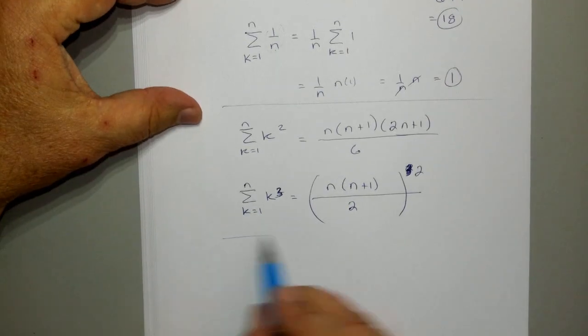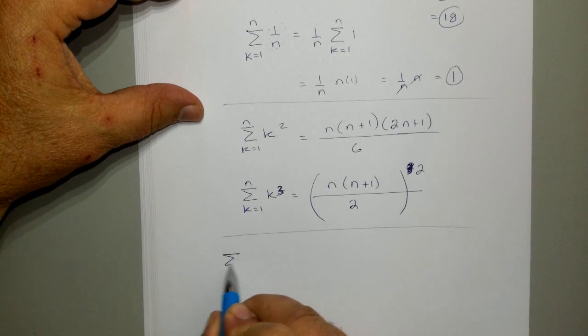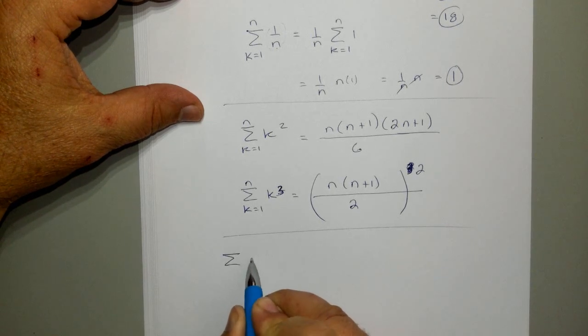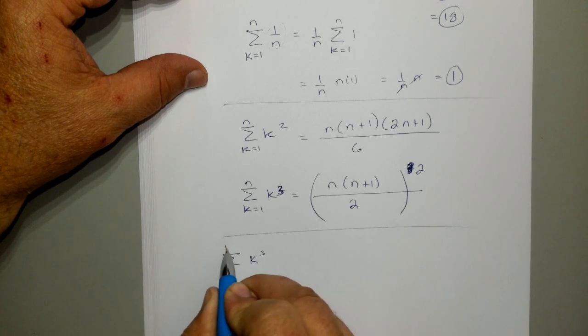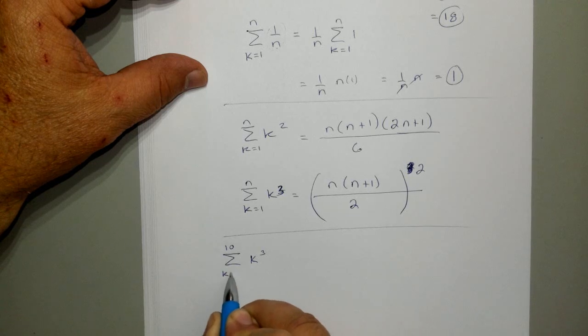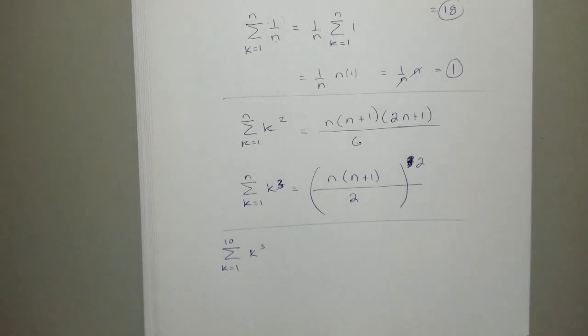If I gave you this, there's 2 ways you can do it. One, you can do 1 cubed plus 2 cubed plus 3 cubed plus 4 cubed. That's pretty boring after a really quick second.